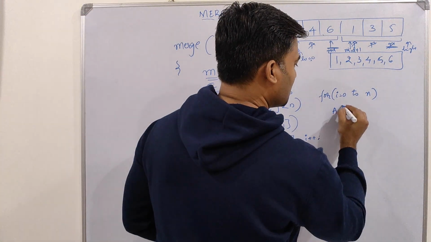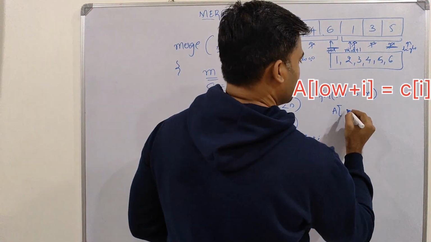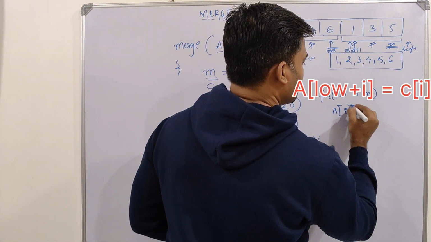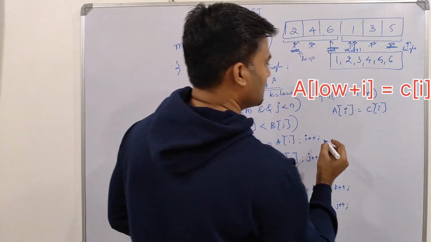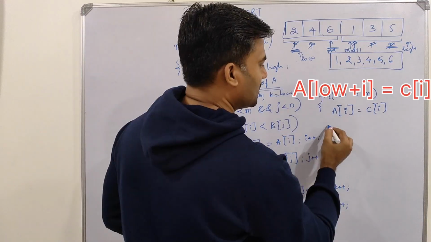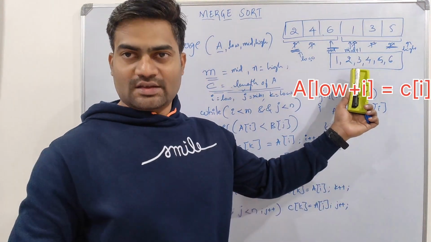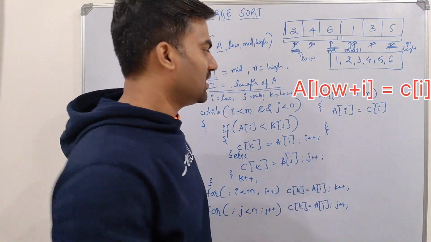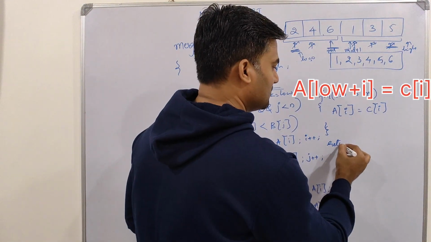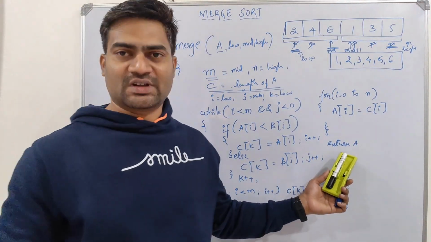So A of I equal to C of I. If I do this, it will replace the elements in my original array. So finally I can simply return A, or even if we really don't need to return A.